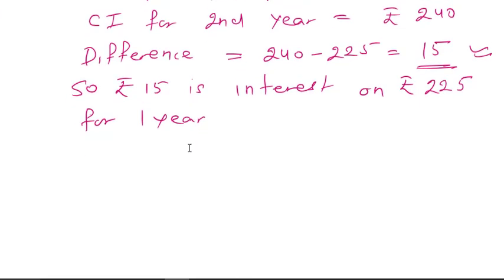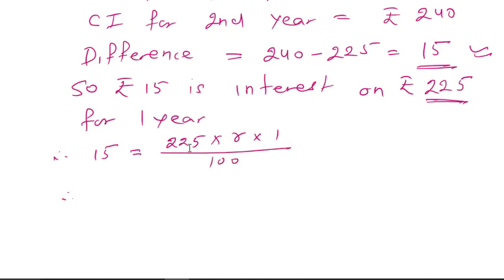Therefore, whenever we are calculating interest for 1 year, we can use the formula for simple interest. So I will say that 15 is equal to, now I will consider my principal as rupees 225, so principal 225 into rate of interest, we don't know, so let us take it as R, into time period 1 year, divided by 100.